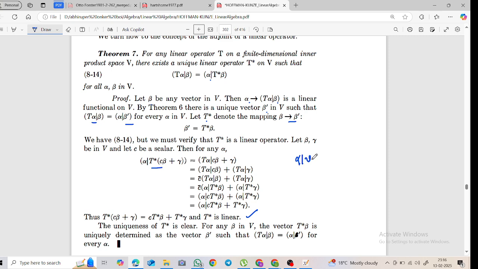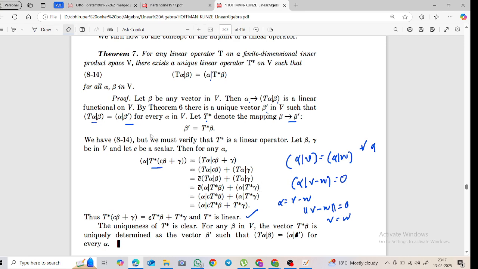Suppose alpha inner product V is equal to alpha inner product W for all alpha, then we immediately write alpha inner product V minus W is 0. Choose alpha equals V minus W and get this is 0 and V equals W. So this is the technique we use to prove uniqueness whenever we are in an inner product space.